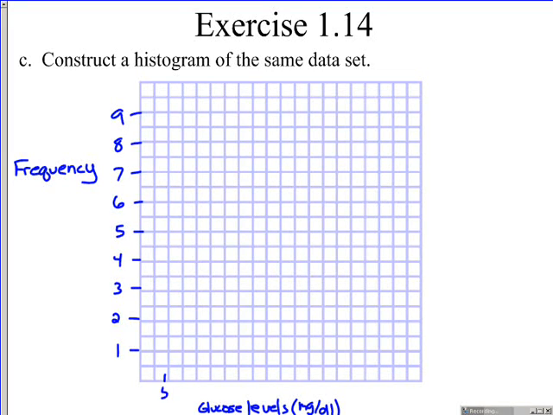Still going to have the left points, and now we're simply going to do bars representing. So between 0 and 50 there was nothing. Between 50 and 100 our bar would go up to 3.